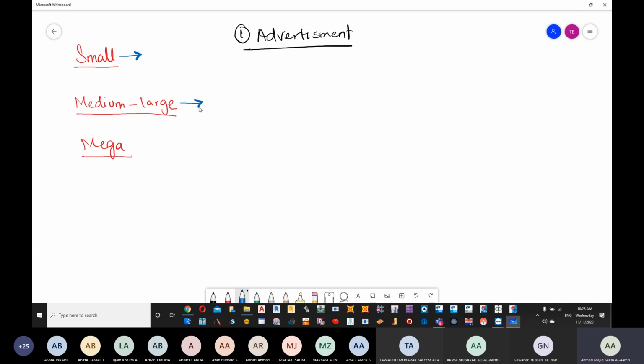Now, when you talk about medium and large, you try to search for more options. You need to search more, right? So if I'm going to search more, will I go to the contractors one by one, or will I advertise?